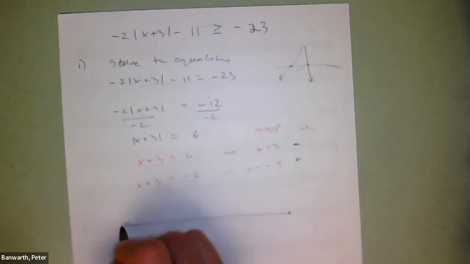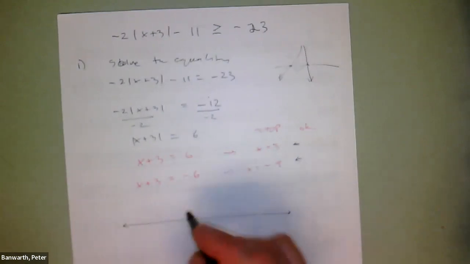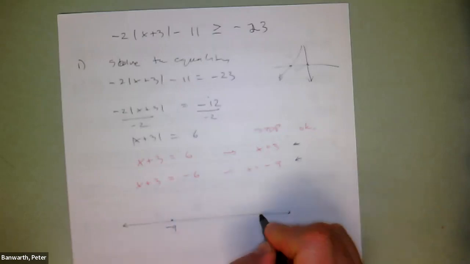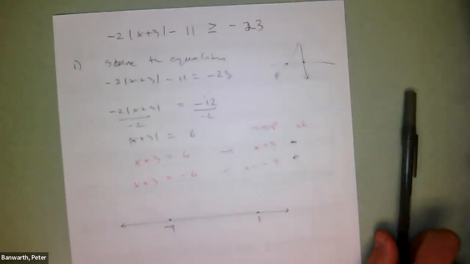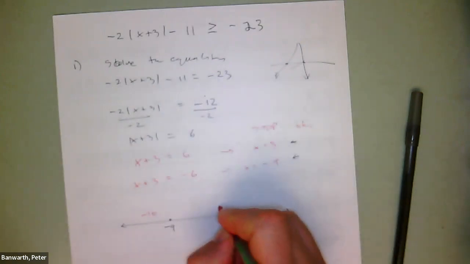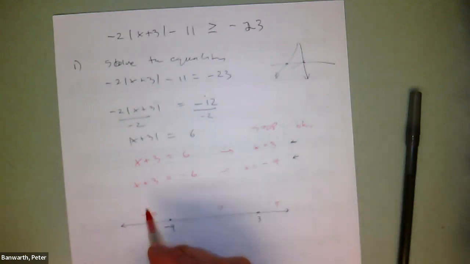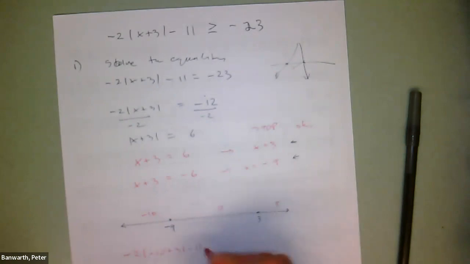But maybe I don't remember, or I just wanted to play it safe. So I can stick negative 9 and 3 on an interval, and I can test points smaller than, between, and bigger than. So if I put negative 10 in, I get negative 2 times the absolute value of negative 7.